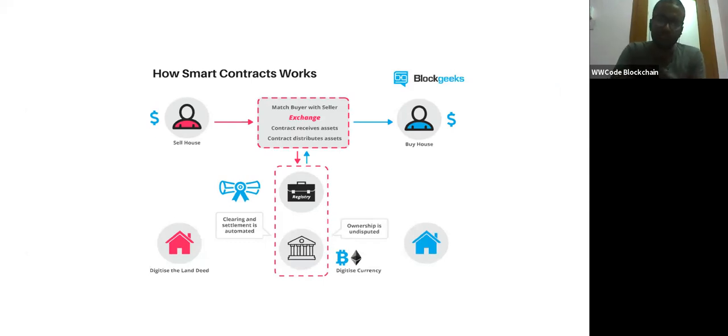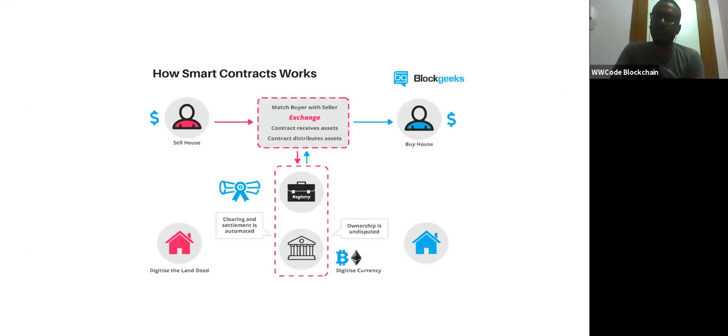Diverse people are also using smart contracts, right? Nowadays lawyers are also studying smart contracts, blockchain smart contracts, because smart contracts are the next evolving thing. It's automatically executed.